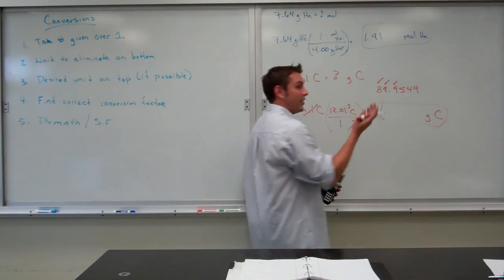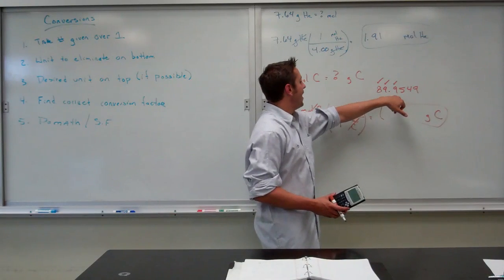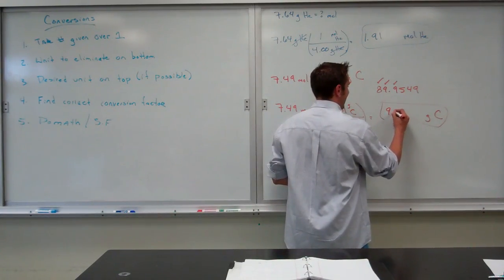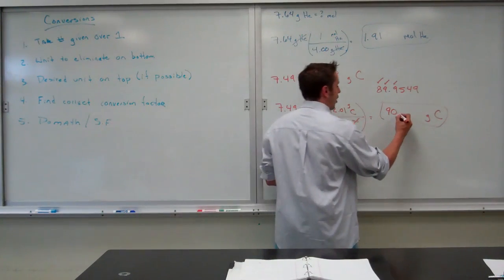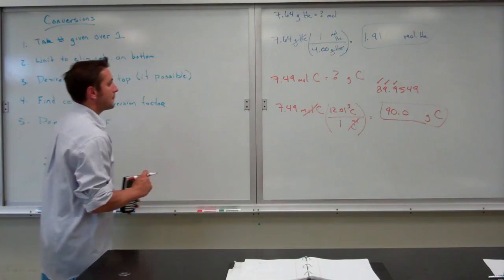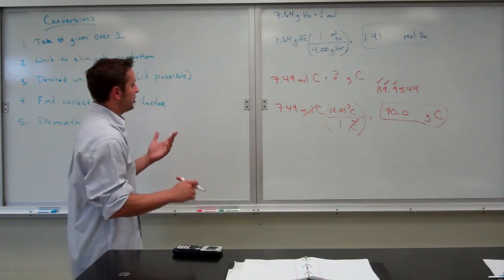Yes. Does a 9 count? Yes. Now, there's a 5 after, and remember the rule of 5. If there's something after, it rounds up, which makes this 90, but we need to have 3 sig figs, so I have to call it 90.0. Right? My apologies about that. Right? Simple one-step conversions using the table.